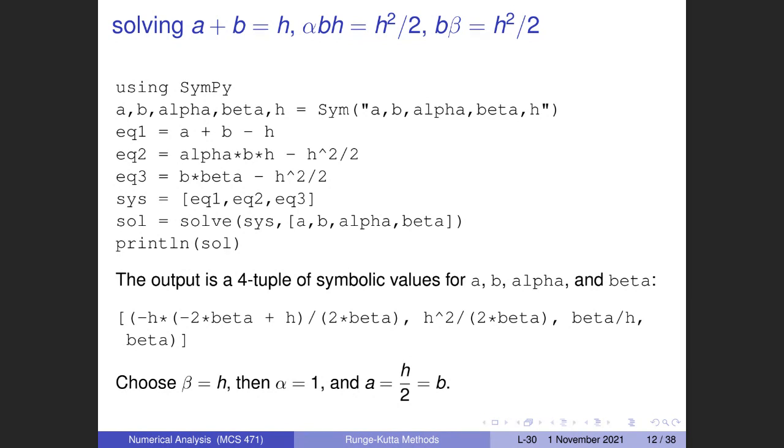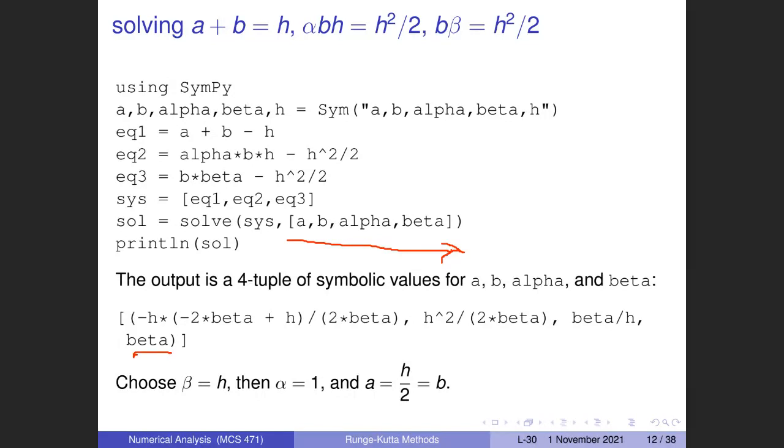We solve for certain variables, a, b, and beta. So we have 4 variables, and beta equals beta. So that's the last one. So we have a 4-tuple. So there is a unique solution symbolically, beta equals beta. So there is still a lot of choice.